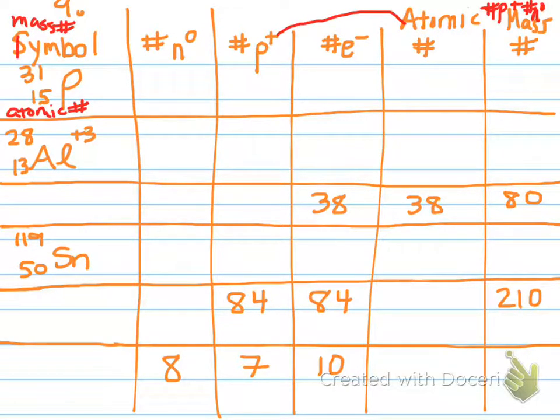So using that information for this first one, we know that our atomic number is 15, and atomic number, remember, is the same as our number of protons. So this is our atomic number.